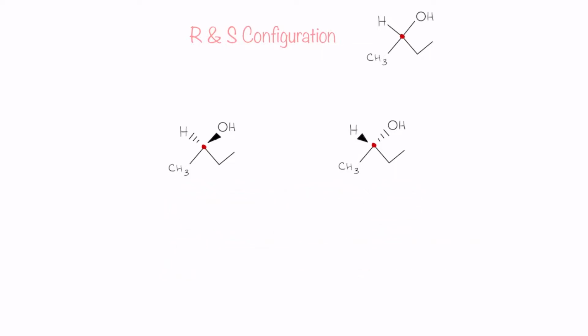If a group is on a straight line, as in this carbon chain here, for instance, that means that it is in the plane of the page. If we want to talk about which direction the groups are going in, we use something called R&S configuration, where R is clockwise and S is counterclockwise.